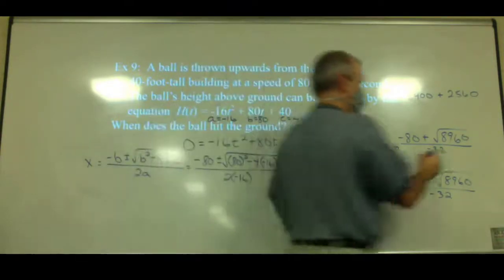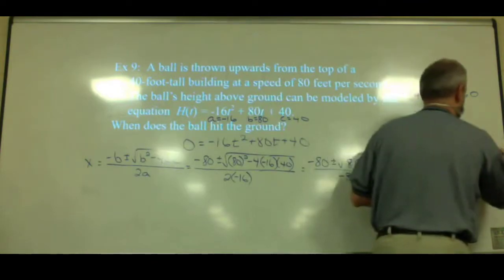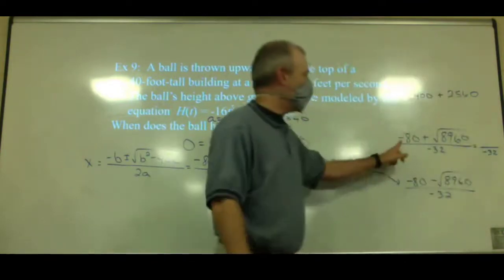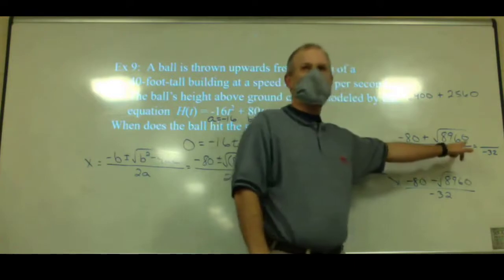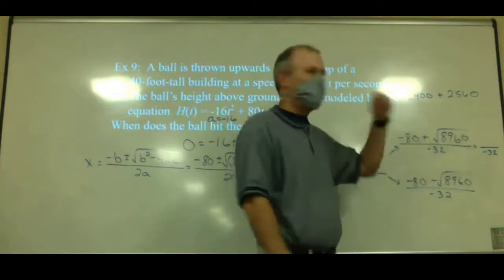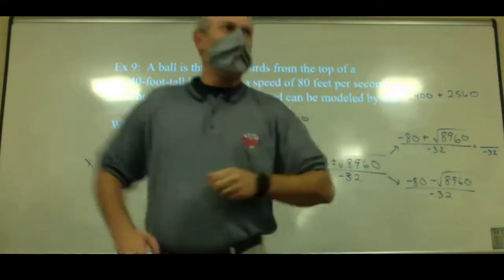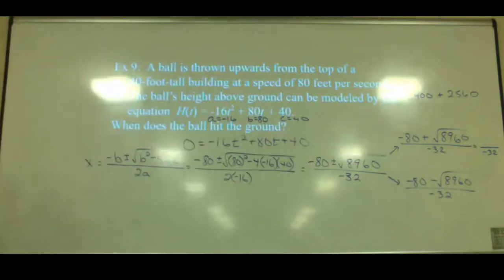Okay, so can somebody figure out what is negative 80 plus the square root of 8,960? I should get my phone. I can use my phone as a calculator.